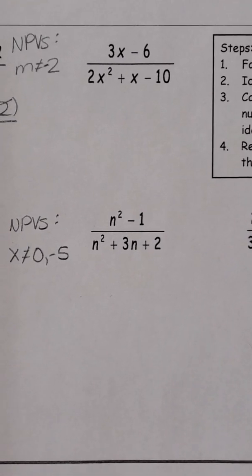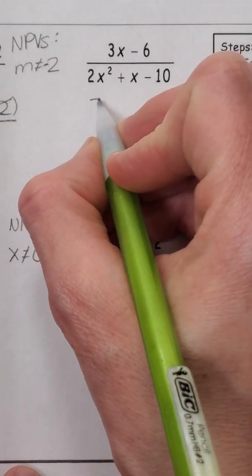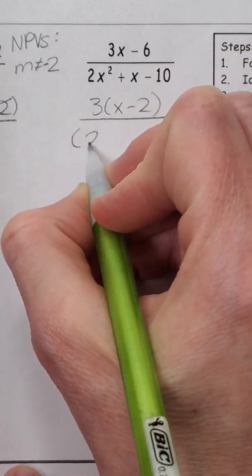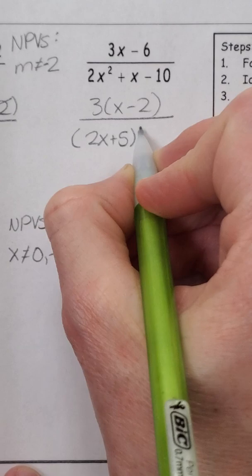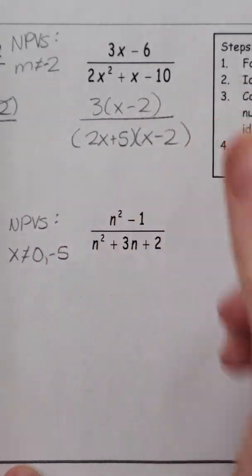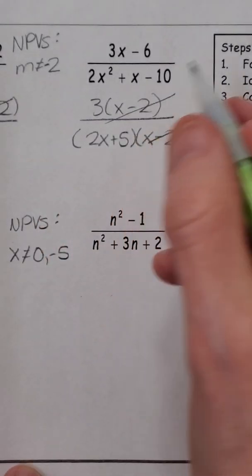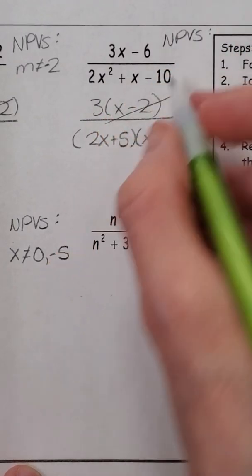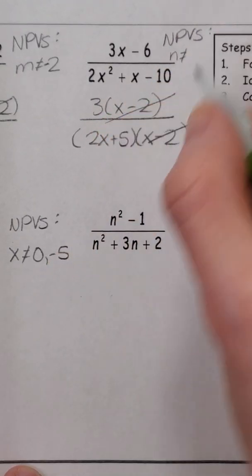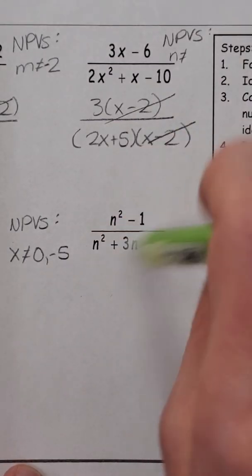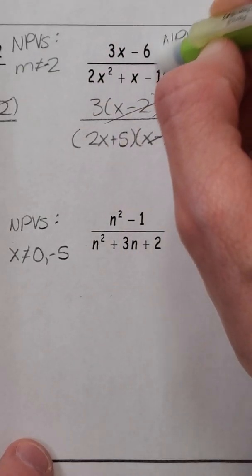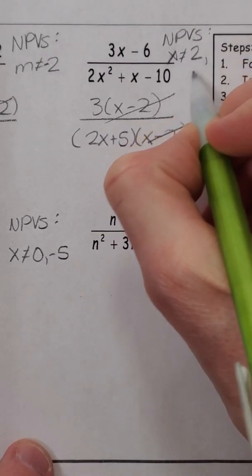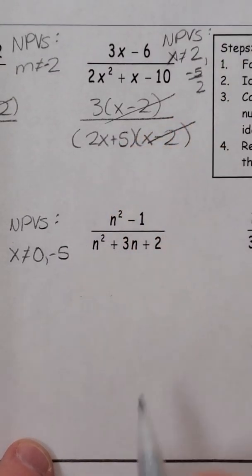Just a few more here. GCF. We've got a difficult trinomial here. Forgot about my NPVs. x can't be 2 or -5 over 2.